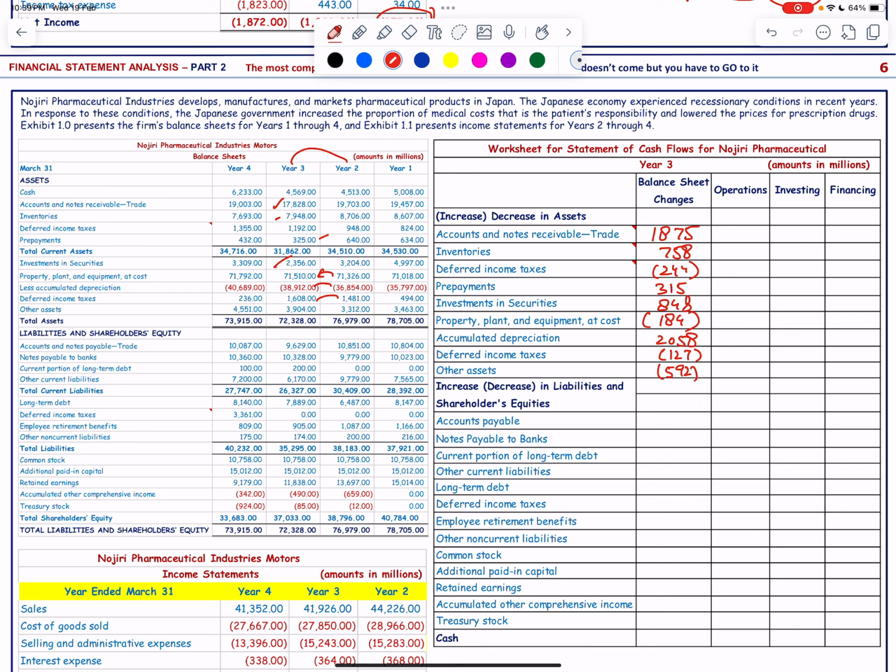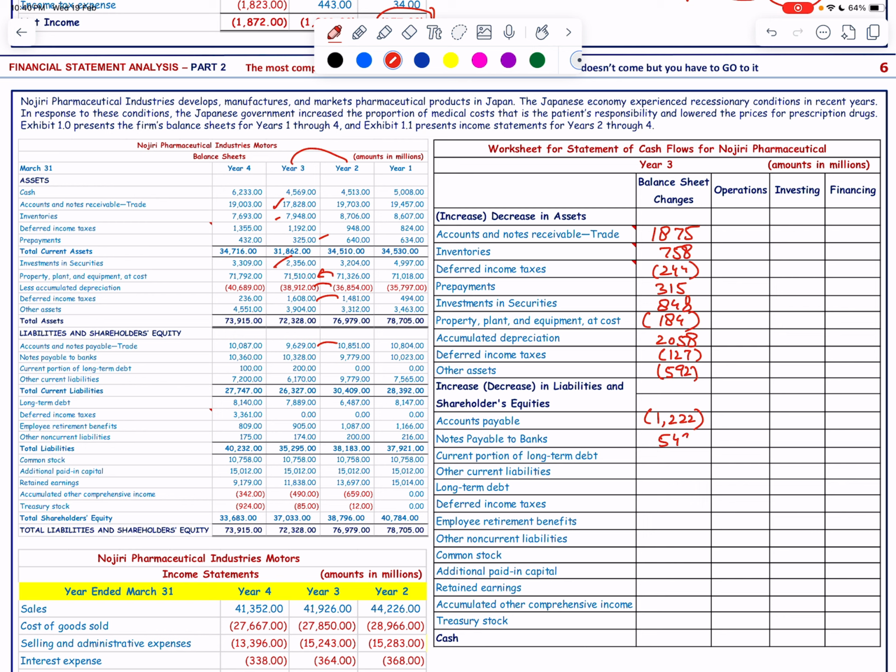Now coming to the liabilities and the shareholders equity, our rule reverses. Decrease will be put in brackets. Now if you look into the accounts receivable, there is a decrease, and decrease is in brackets by 1222. Notes payables to banks, this is an increase of 549.